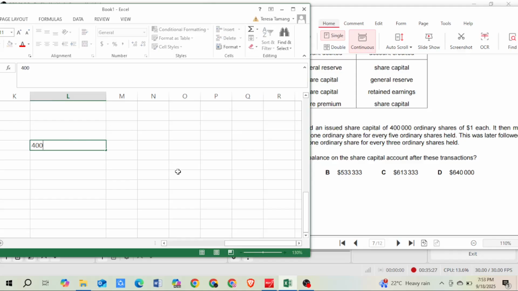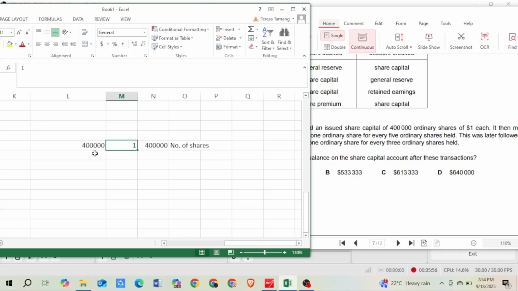We had 400,000 ordinary shares of $1 each, so 400,000 divided by 1 gives us 400,000 shares. Total share value divided by price per share gives you the number of shares.